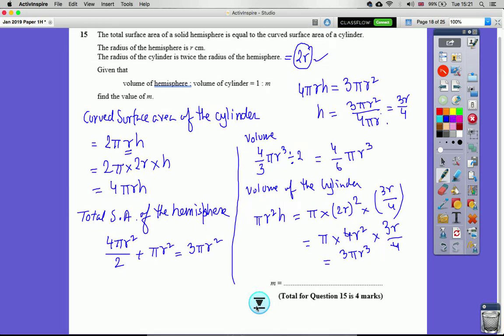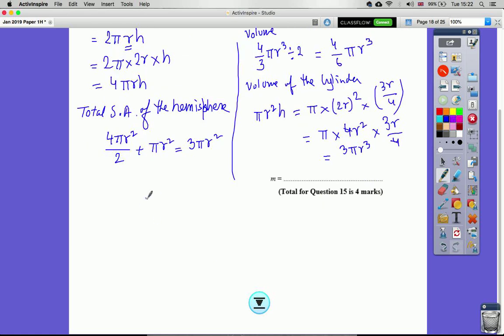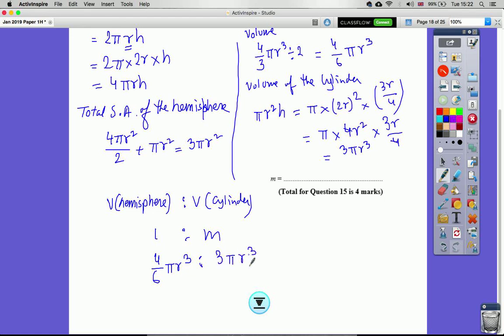Now I'm going to move down a little bit. They said the volume of the hemisphere to the volume of the cylinder is 1 to m. The volume of the hemisphere was 4/6 pi r cubed, and the volume of the cylinder is 3 pi r cubed.